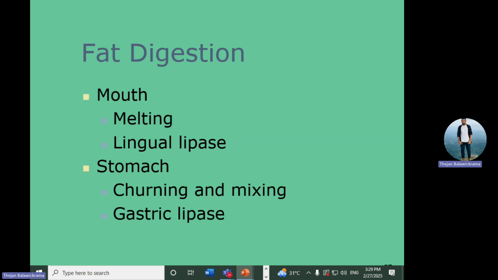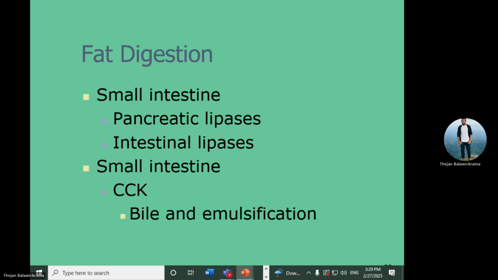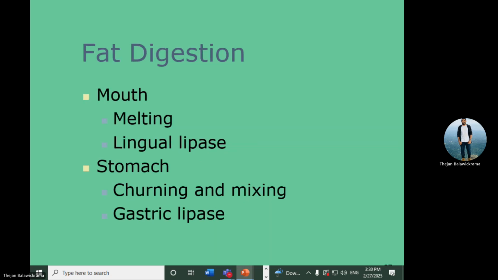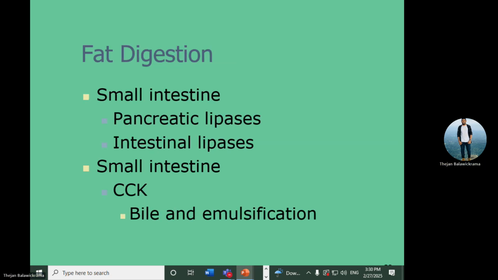Starting from the mouth, then digestion happens in the stomach, and that continues in the small intestine. Those are the stages.